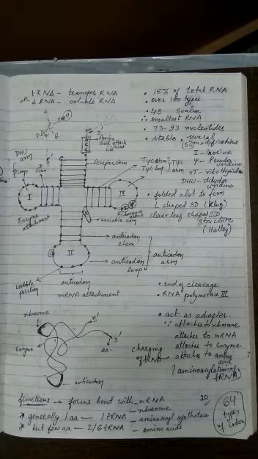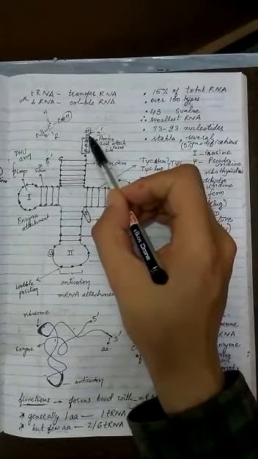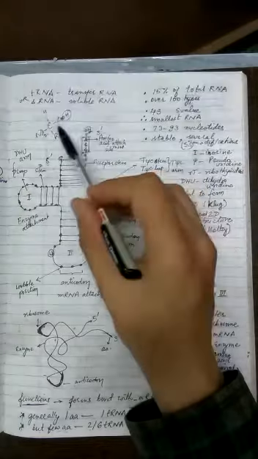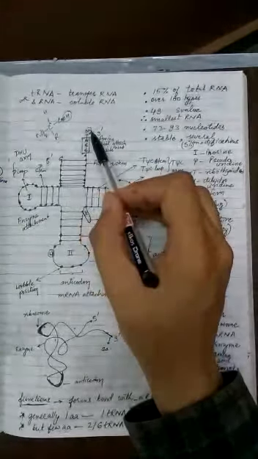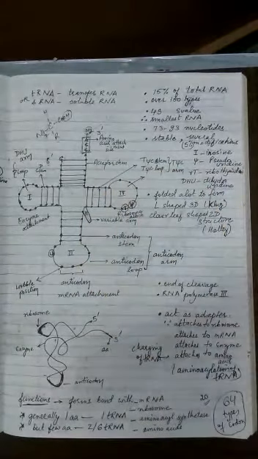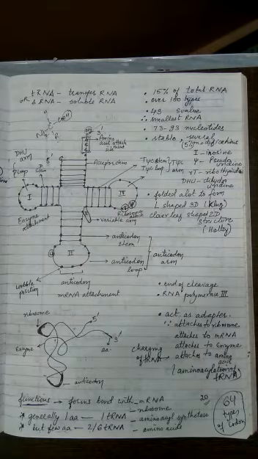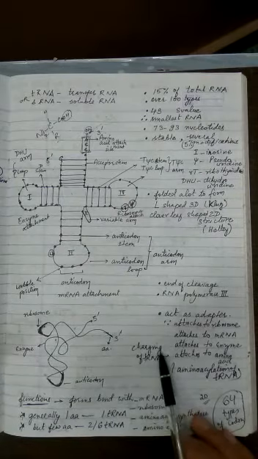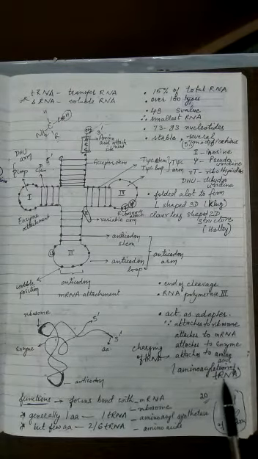So CCA is always added at the end of the tRNA, and this A will have a free hydroxyl group which will form a bond with the amino acid. I have explained this in the last class. This bond formation will cause a loss of one molecule of water, but a bond is formed between the tRNA and the amino acid, and this bond formation is called the charging of the tRNA or aminoacylation of the tRNA.